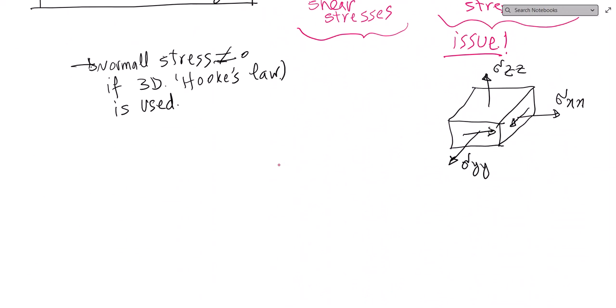So we say that basically the justifiable one is, maybe I keep the red here, to get a 2D version of 3D Hooke's law.